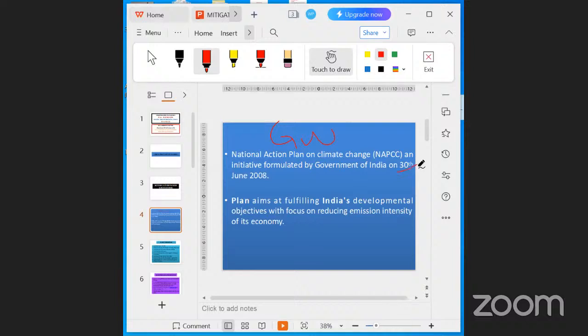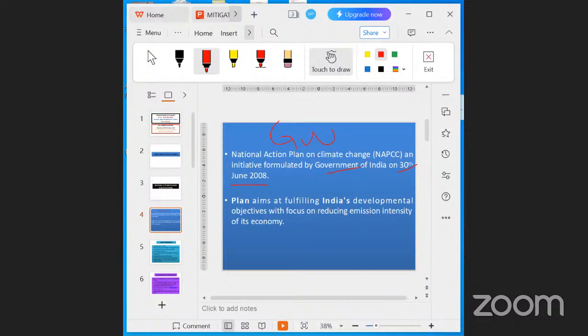So it was released on 30th June 2008. This National Action Plan effectively pulls together a number of government schemes, policies and programs under various sectors like water, renewable energy, energy efficiency, agriculture, and others into a set of 8 missions, right?